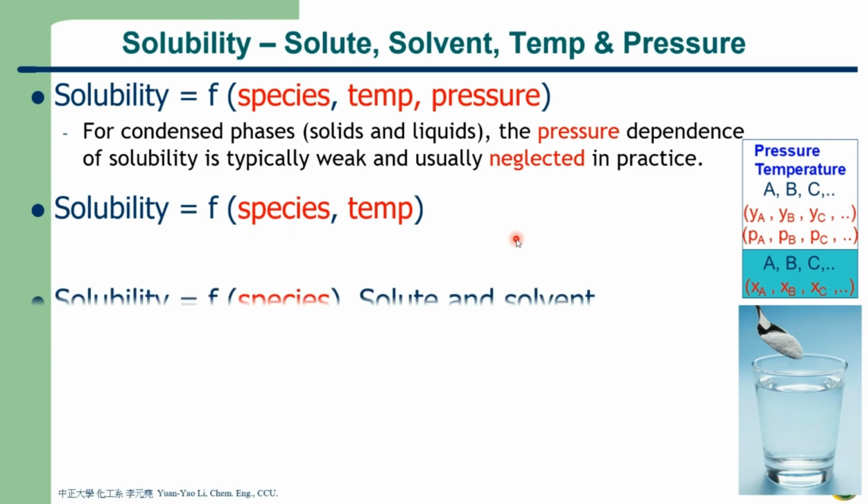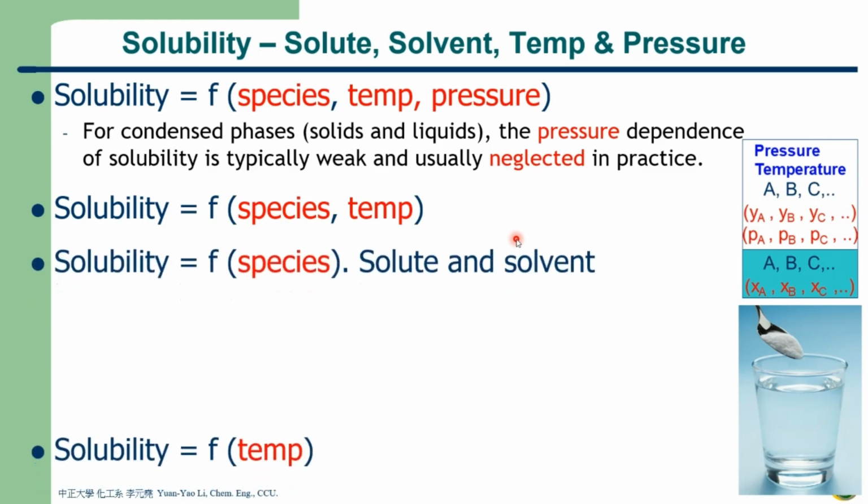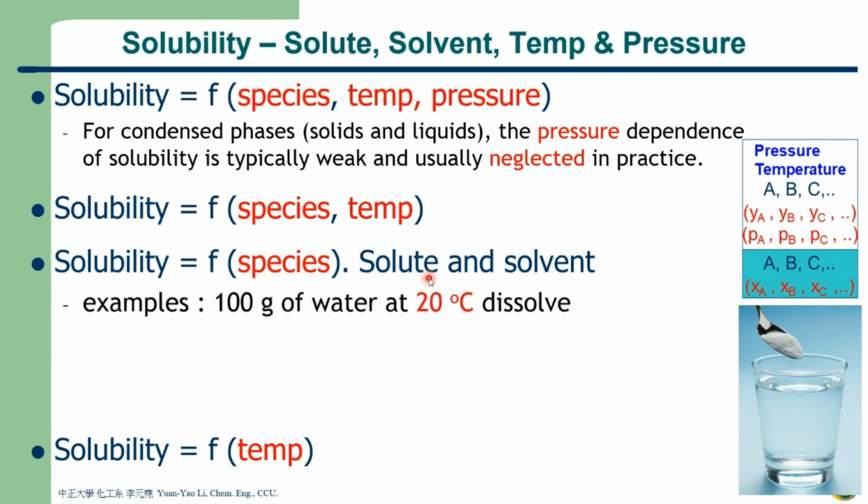Okay, so let's talk about the species and temperature. For the species, we give you an example. Species have a solute and a solvent. Let's say the solvent is water, and the solute will be some species.